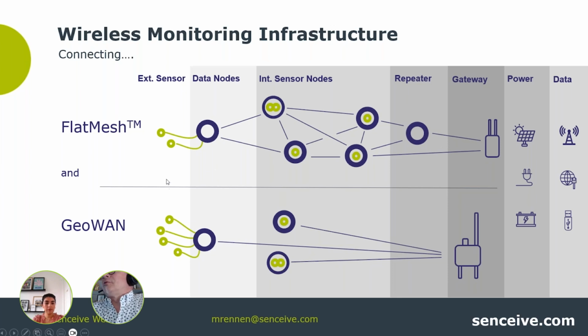First of all, there are two different systems. In both cases, we have the possibility of nodes with external sensors and nodes with internal sensors. The one we always prefer is the flat mesh system, which communicates on 2.4 gigahertz, basically the Wi-Fi frequency. And anybody who has Wi-Fi at home knows its limitations. The longest distance I have between nodes on any project I'm involved in is about 170 meters, but this is ruled by obstructions in between.